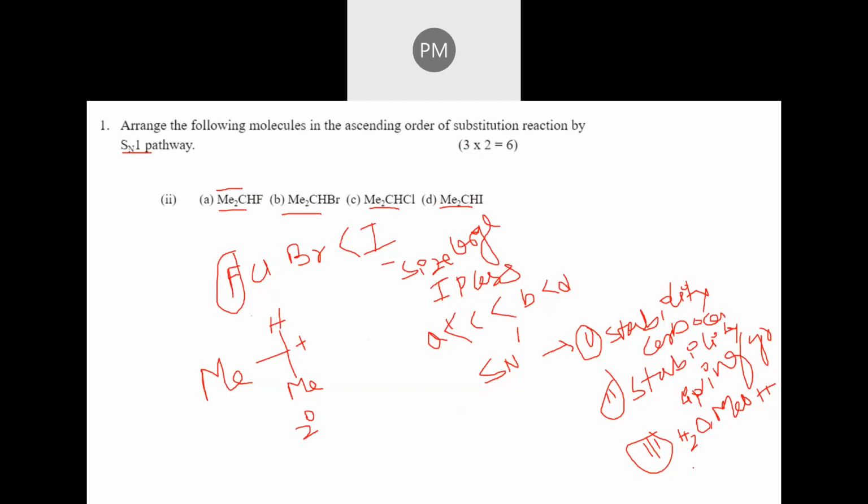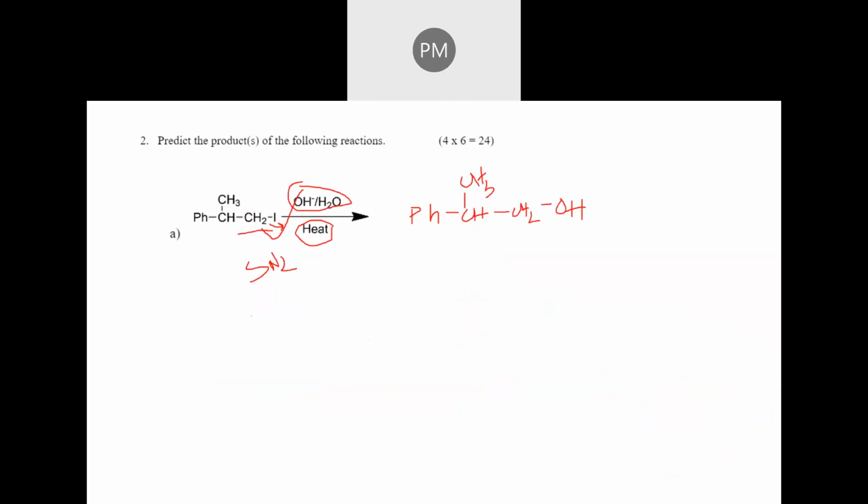And also we have to remember that the SN1 pathway will be favored when polar protic solvents are present, and the SN2 pathway will be favored when polar aprotic solvents like DMSO and acetone are there.